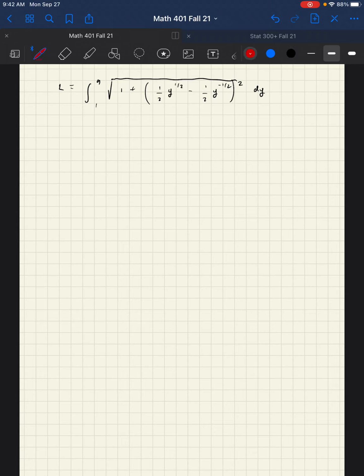Okay. Carefully, we're going to perform the binomial operation here. So multiply this out. We get 1/4 y to the 1/2 times 1/2, or y to the 1/2 times y to the 1/2 is just y to the 1. And then the middle terms, we're going to have a minus 2 times 1/4 y to the 1/2 plus negative 1/2, that gives us nothing.